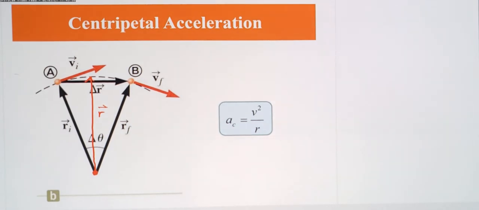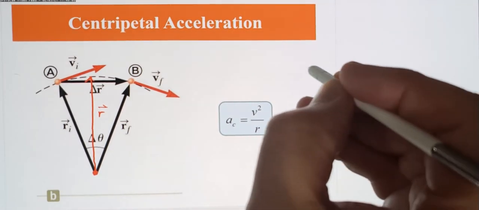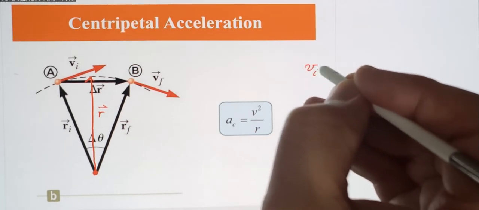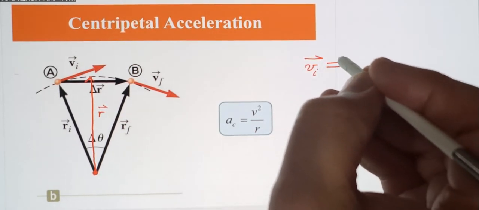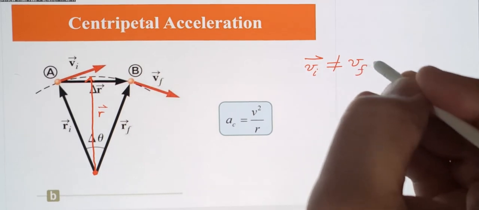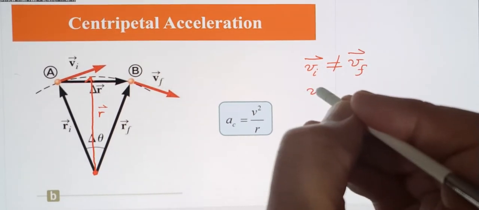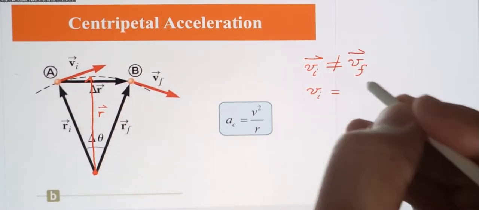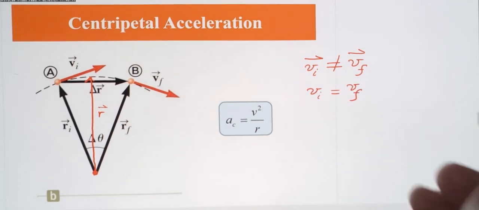No, V is constant. Let me remind you, V1 does not equal V final, but the magnitudes are equal. Speed is constant, velocity is changing.